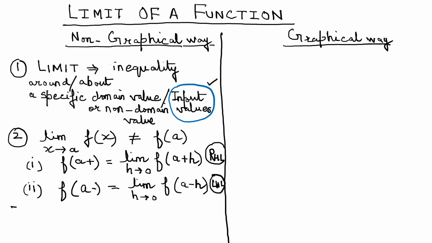The third point, which arises consequent to 1 and 2, is about the range. We know that the range is the neighborhood value, the neighborhood range for the neighborhood input, whether it is a domain or non-domain element, that does not make any difference here.